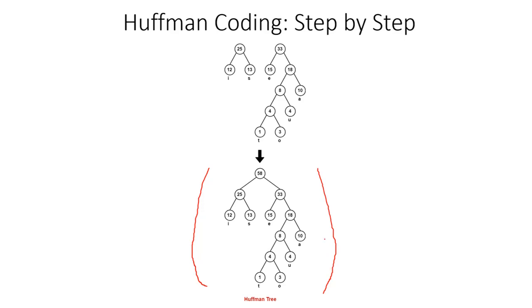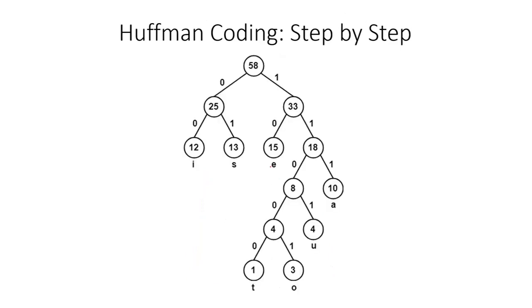What do we do next? We go from the root, and for each path to the right we give the value 1, and for each path to the left we give 0.